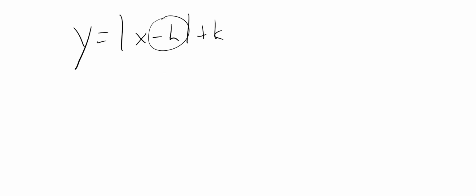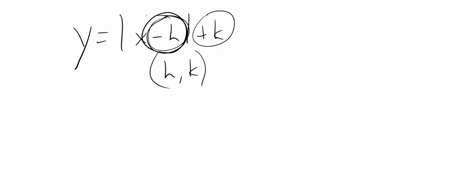H is your x value, k is your y value, and there's a minus there because you're taking the opposite of that value right here. All right, so let's do some problems. Again, it's pretty easy, and it's going to be a relatively short lesson, which is nice.